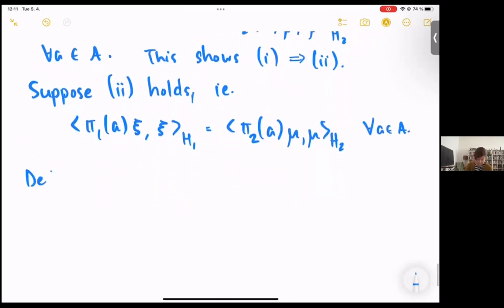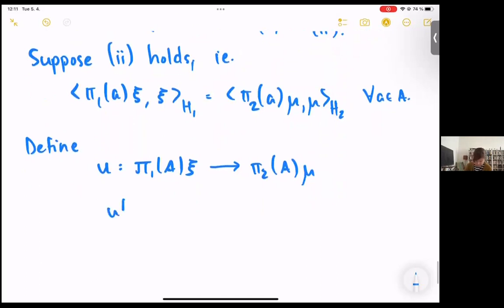So we want to define u from pi 1 a psi to pi 2 a mu in the obvious way.